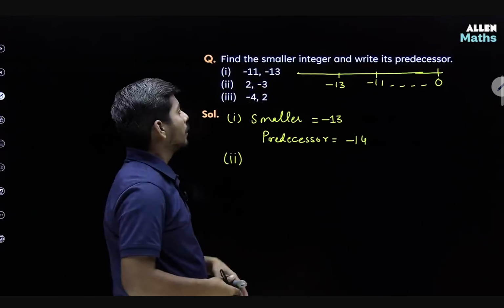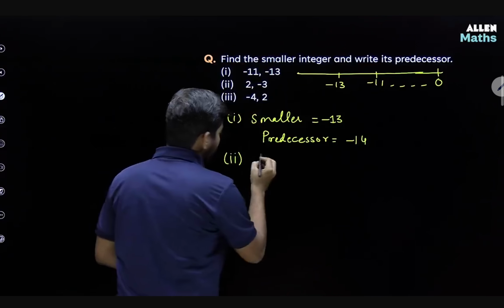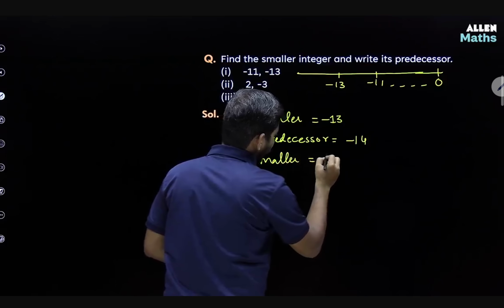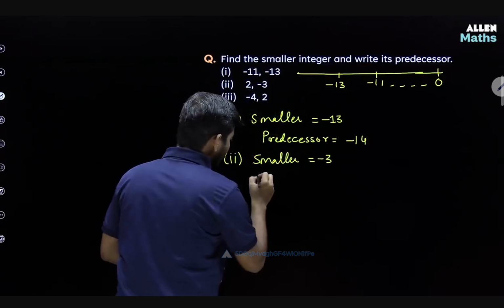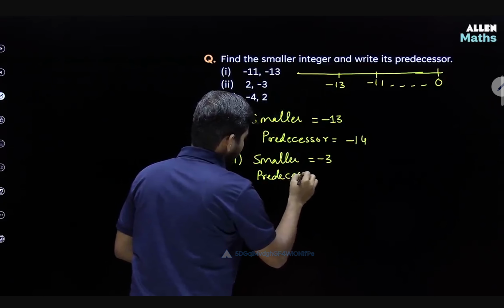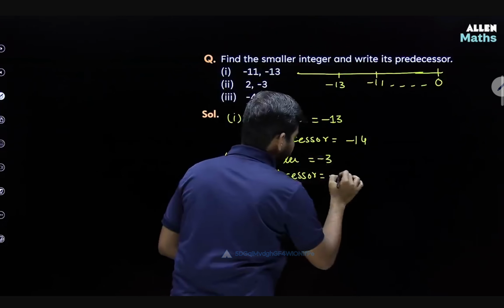So we know that obviously negative 3 will be the smaller. So the smaller is negative 3 and its predecessor is negative 3 minus 1, that is negative 4.